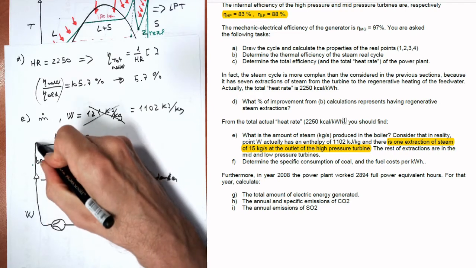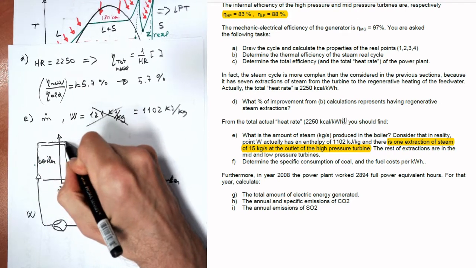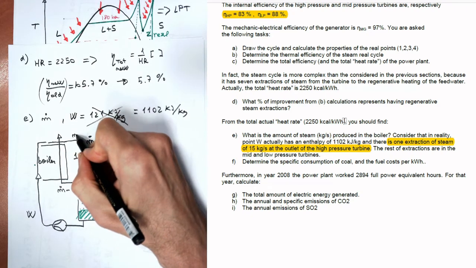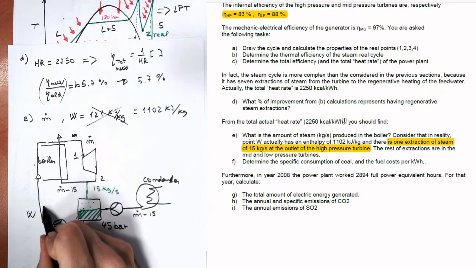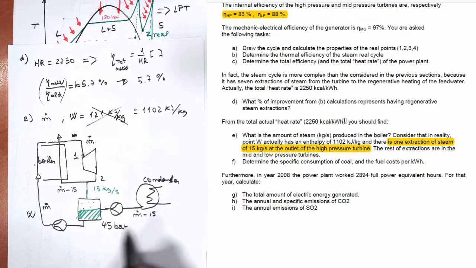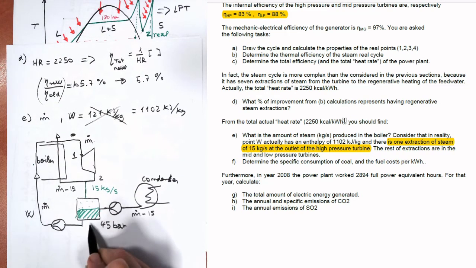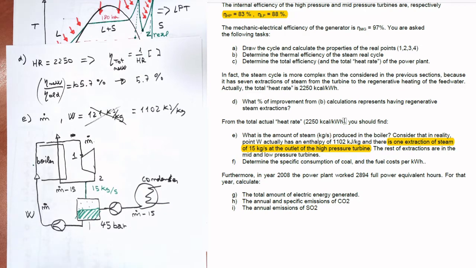Okay, this will join here, so we have m plus, and this is also m plus. Here we are adding 15 to m minus 15, we get the total. Okay, so I hope this is understood.